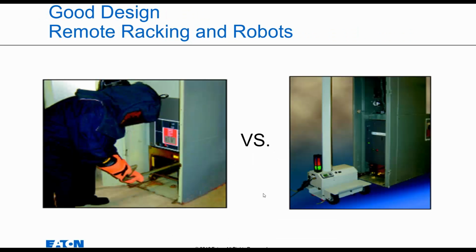Good design racking. Here, again, a maintenance person who's fully clothed in the PPE equipment has to rack this breaker out, whereas there are robotic racking equipment and automatic rackers that are built into breakers, so it's just good design if these types of devices are available.